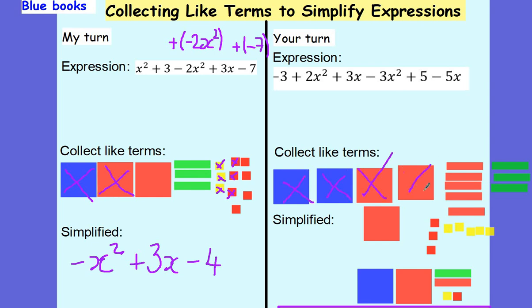This guy cancels with this one. I can cancel out 3 of these. And I can cancel out all 3 of those and 3 of the little yellow squares. So simplifying it, I've now got negative x squared, because I've got 1 big red square, negative 2x, because I've got 2 red rectangles, but positive 2, because I've got 2 yellow squares.